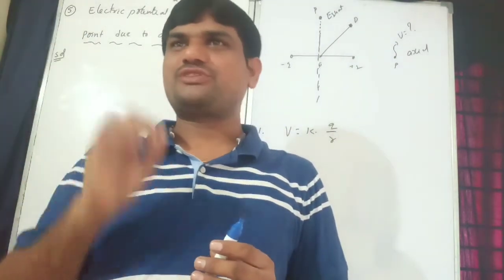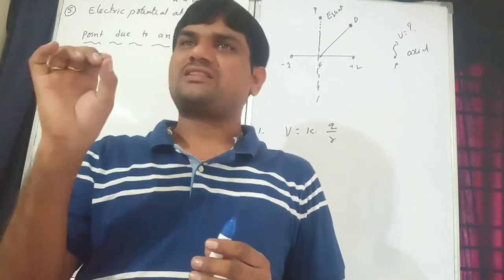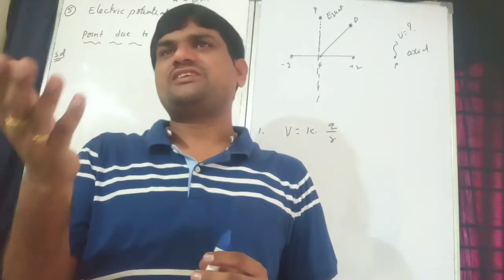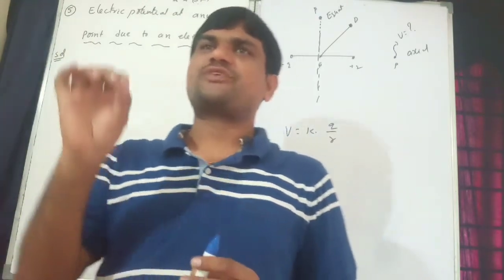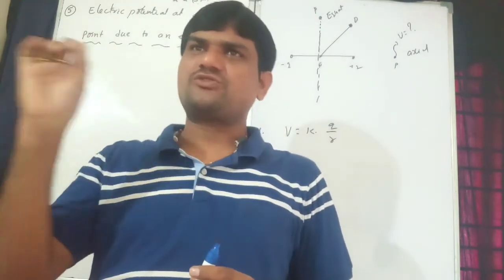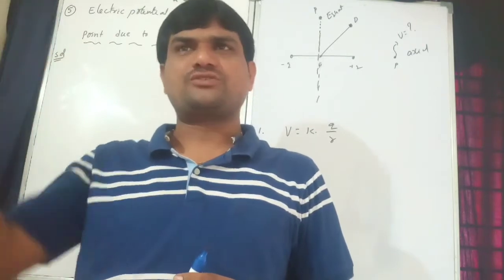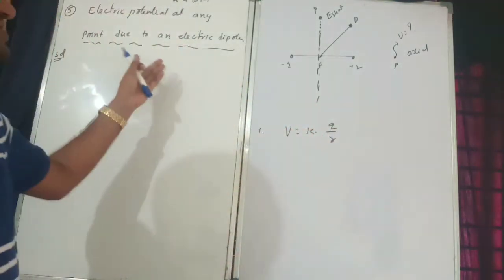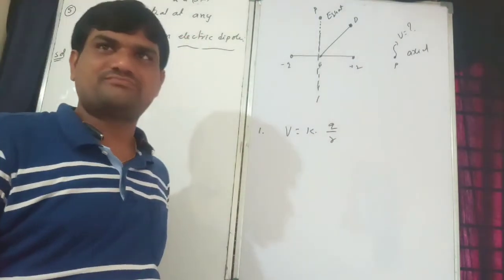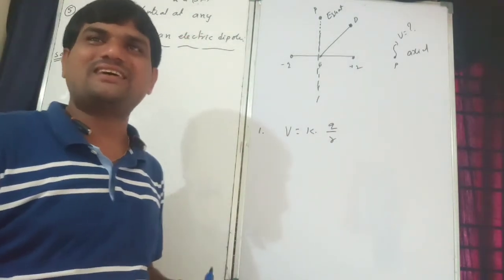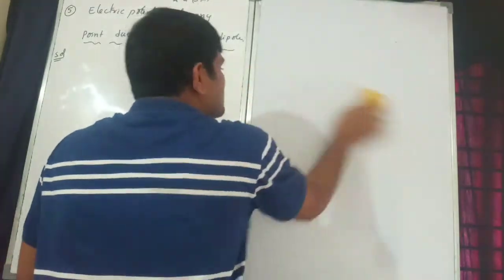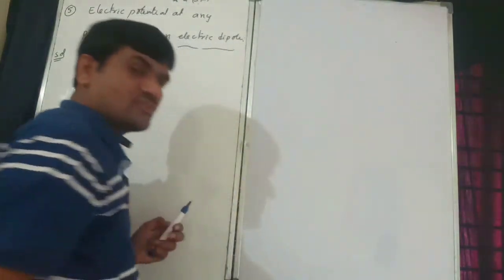With the help of theta we can easily get the axial line and the equatorial line: if theta is equal to 0, that is on the axial line; if theta is equal to 90, on the equatorial line. So only one derivation will give us all the information on the axial line and the equatorial line.